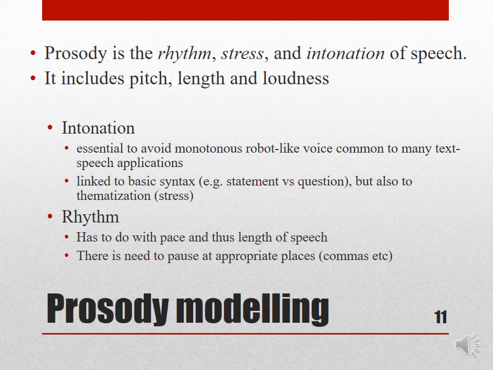On YouTube I listened to a video in which Stephen Hawking types into a computer and it speaks, and the way it speaks is a pure robot. So prosody tackles the intonation of speech and the rhythm. Rhythm has to do with the pace and the length of speech. Sometimes there's a need to pause at appropriate places. That is rhythm.